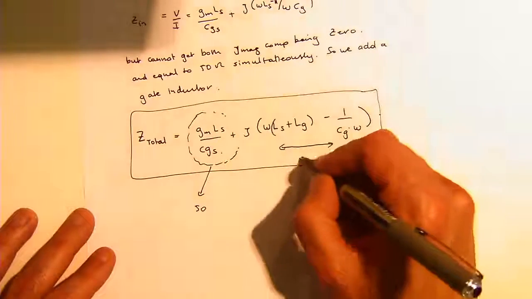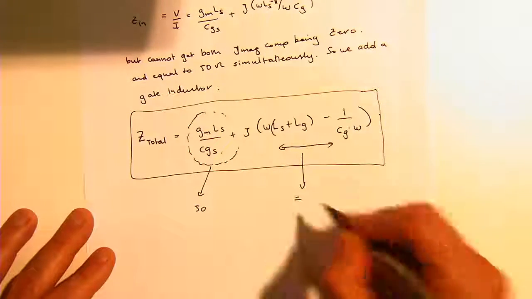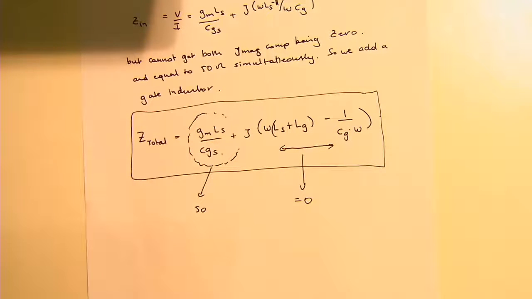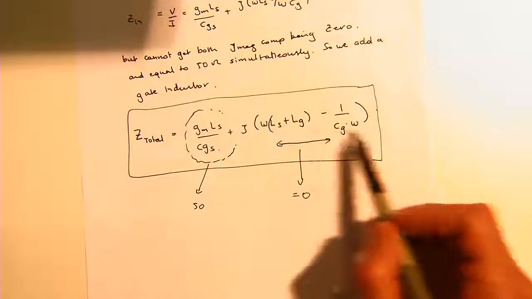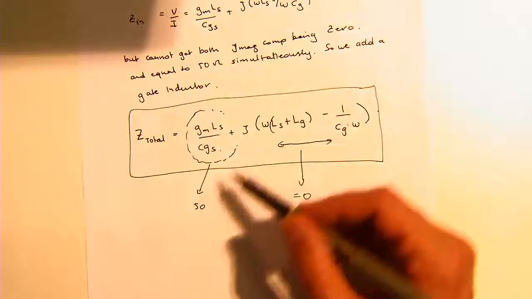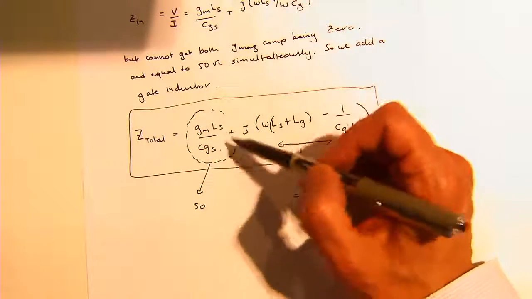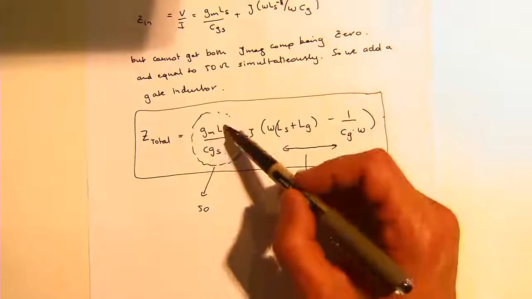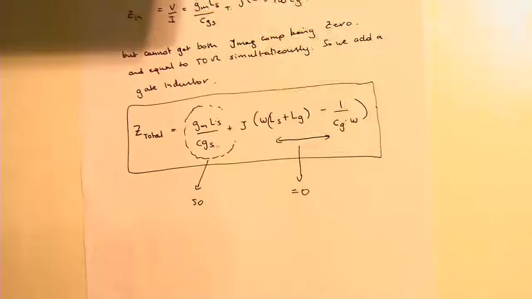And I want this bit to be equal to what? Zero, right? So you can choose those values so that you resonate this out, so that at your frequency of interest this becomes 0, and you can also make the real part equal 50 ohms.